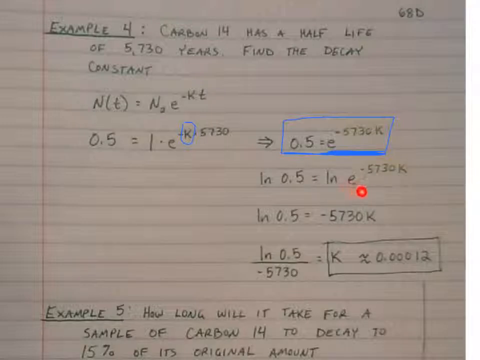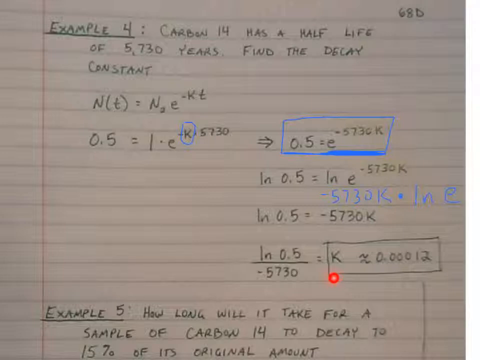Once you do that, the natural log of e cancels out, so what we have is the power rule saying that negative 5730k times the natural log of e. And the natural log of e is equal to 1. So the right-hand side of the equation reduces to that. I divide both sides of the equation by negative 5730, and I arrive at a decay constant.